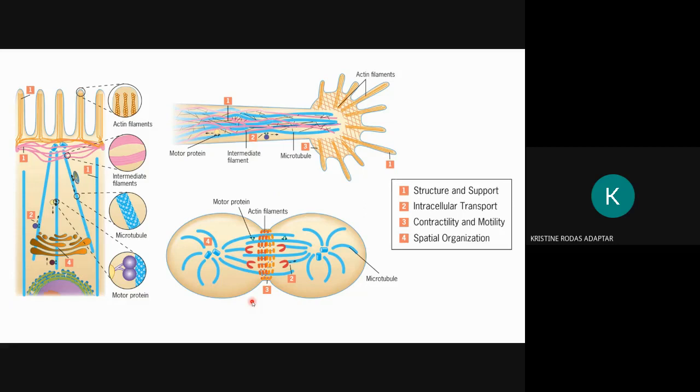This one, sir, for a dividing cell, it's more on the intracellular transport. I think these microtubules, they are attaching to the chromosomes, sir, and then they try to somehow pull away from each other.